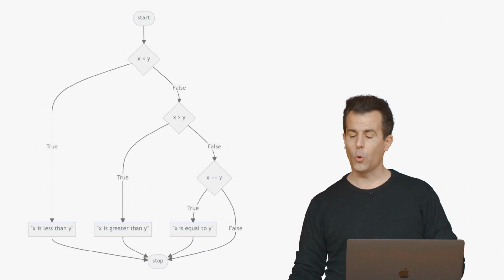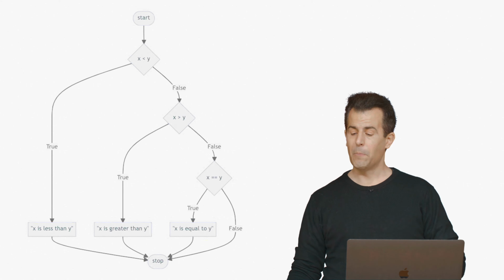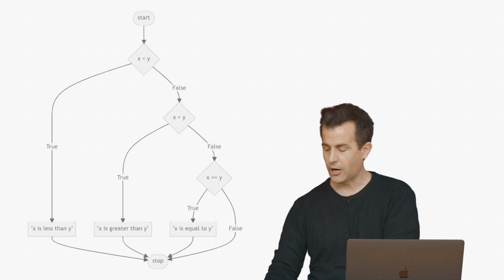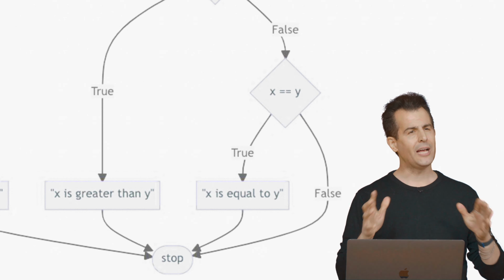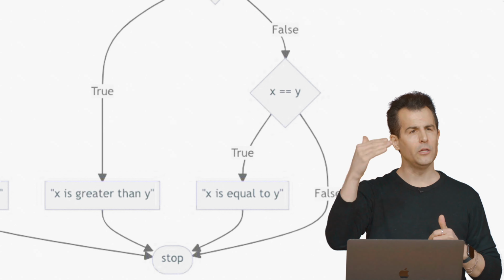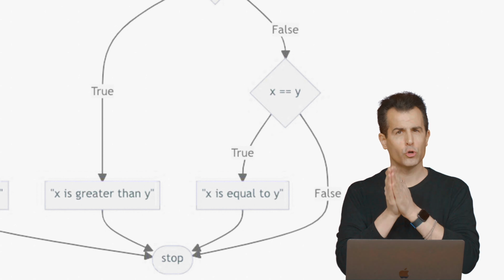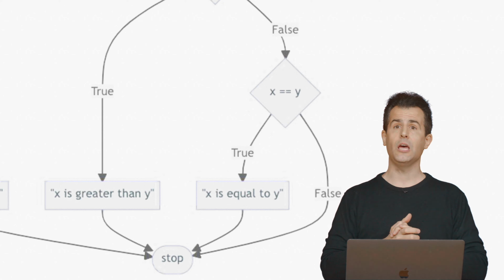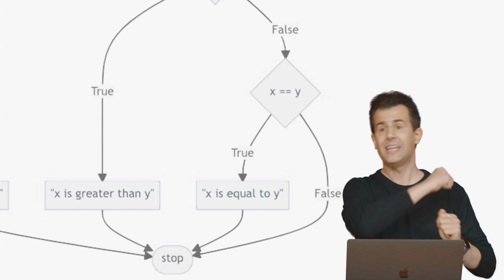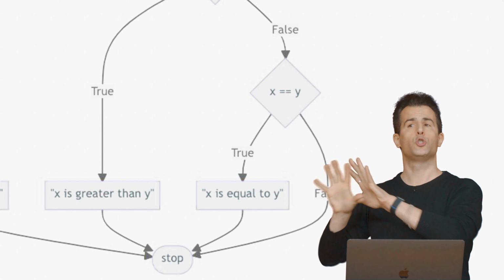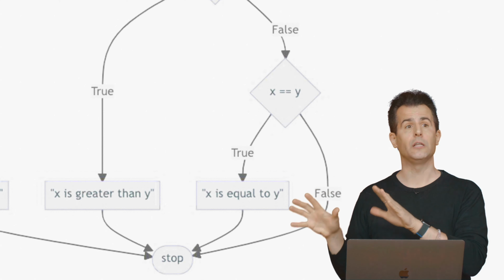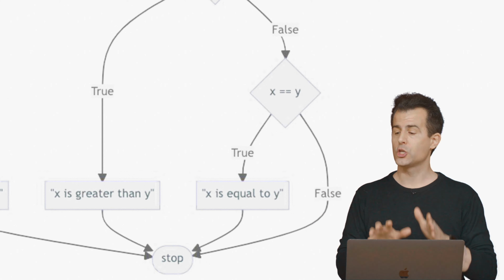We print out, quote unquote, x is less than y, but then we immediately follow this next arrow down to the icon that says stop. So that's what's implied by doing if, elif. If we get back a true answer right away to that first if, we're going to print out x is less than y and then stop. We're logically at the end of the program. So this picture is just representing graphically what the code is actually doing.